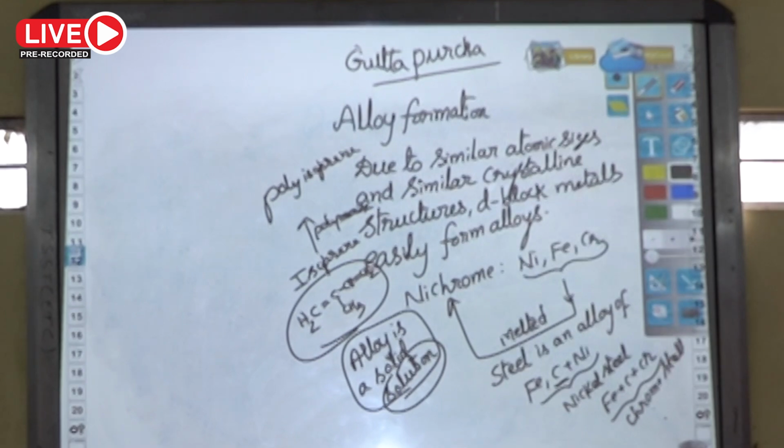Why I said Indian dentists are using gold amalgam and silver amalgam for filling the teeth, Au plus Hg.